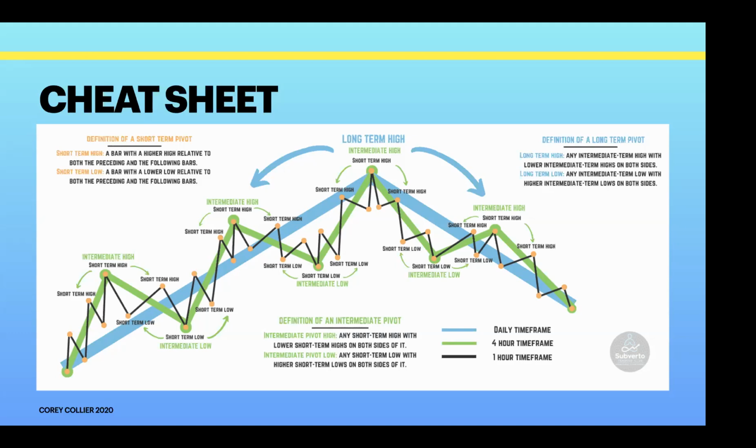Now what we do is we use time frame correlation. Since we found structure from the light blue line on the hour time frame, our entry setup is going to come from the green line, on the 15-minute chart. So again, the light blue is an hour.